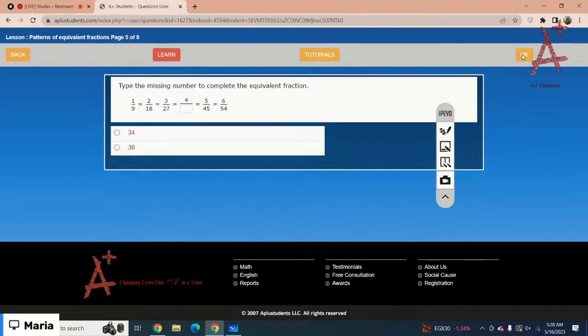Okay, type the missing number to complete the equivalent fraction. So which is the correct option? Yes, very good. That means the missing one is 36.